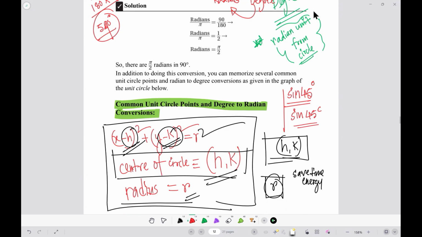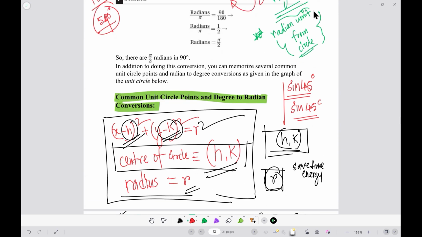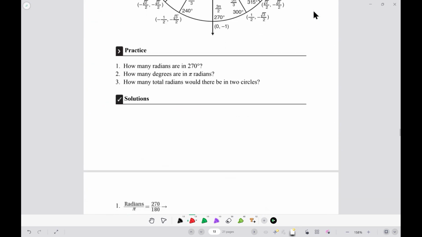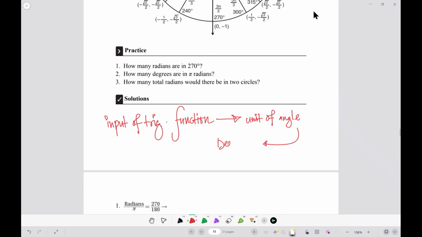Be careful, because whenever you give an input to a trig function, the units of the angle can be degree, and this can also be radian.